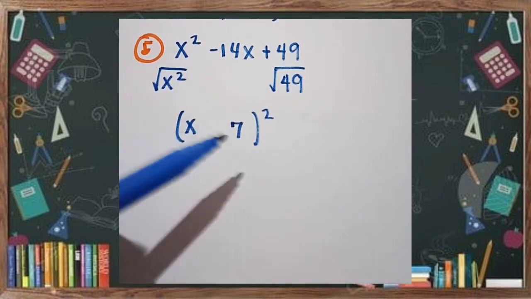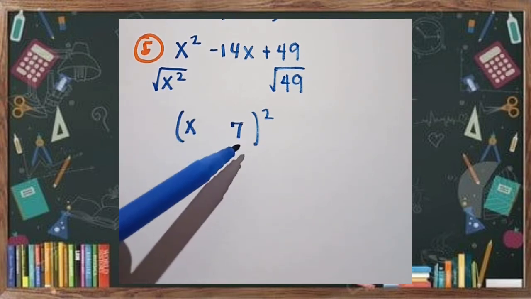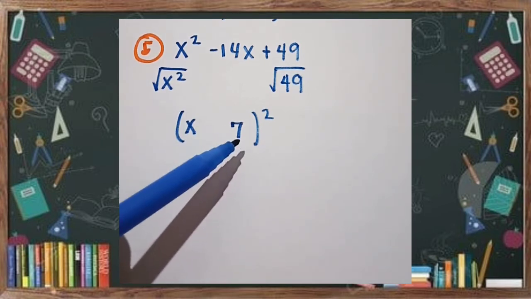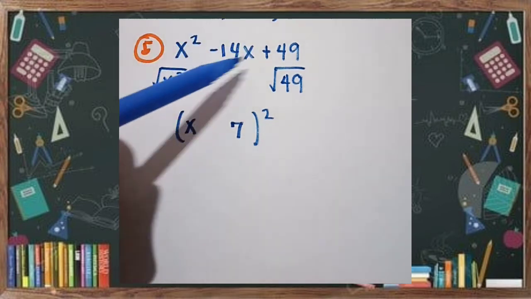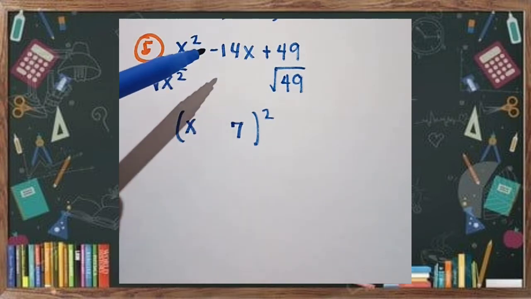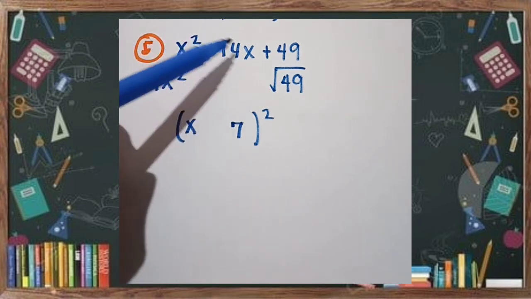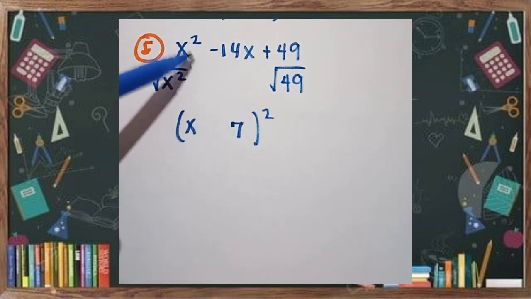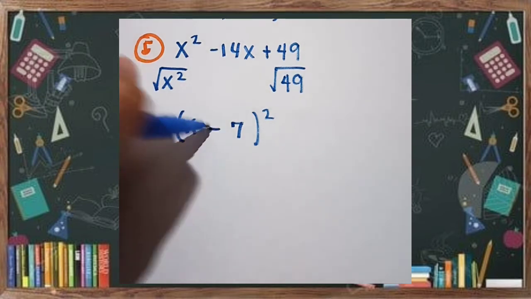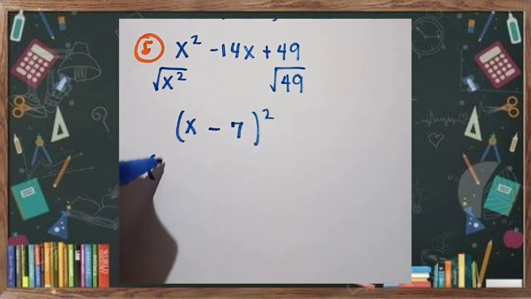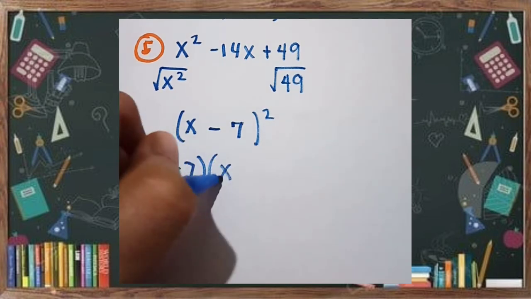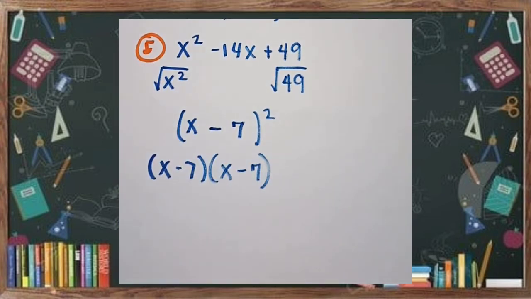Then, check. 7 times x ay equals to 7x, times 2 ay equals to 14x. Then, ano ba yung ating sign ng second term? So, yun ay negative, kaya negative yung ating kukuhaning sign. Therefore, ang ating factors ay x minus 7 and x minus 7.